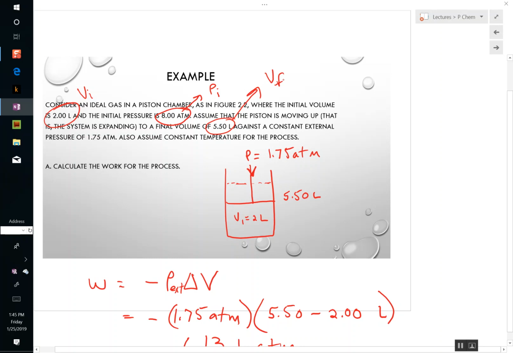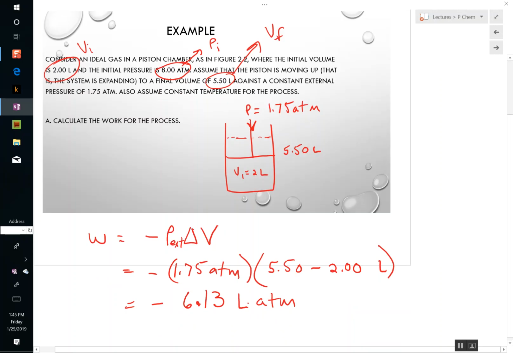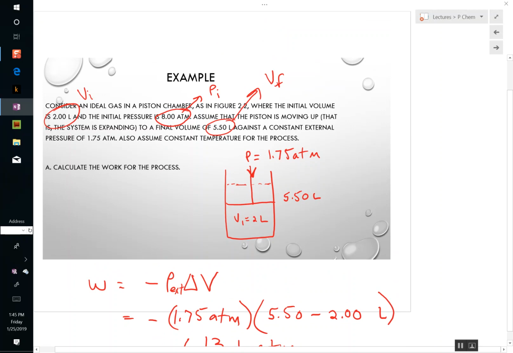What expression are you familiar with that could solve that problem? Boyle's law. So this is part B, final pressure.